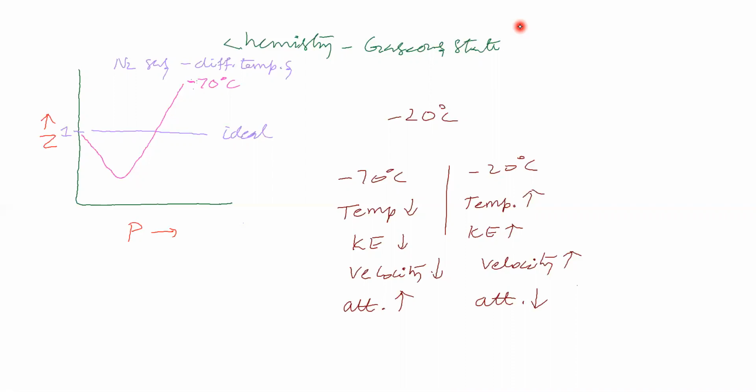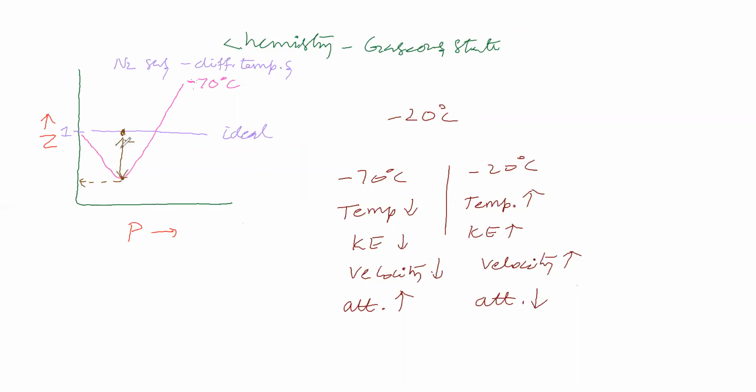What this dip says, that we will see. This is the dip of the curve. It says what the Z value is. What is the minimum possible Z value?